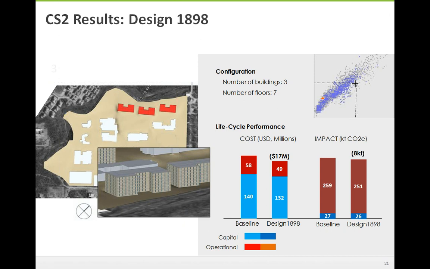And from an operational perspective, the climate here is pretty extreme in terms of hot and cold. So you have less heat gain and loss through the skin because you have less surface area for heat transfer. Those are some of the benefits for a 3-building configuration.